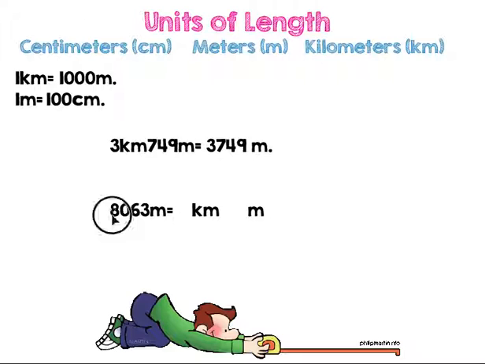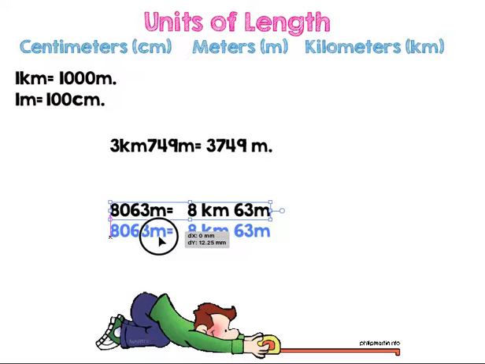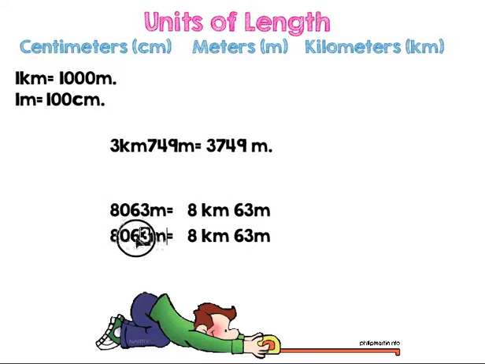If we say 8,000, now we don't say thousand and we go back to kilometers. So that's 8 kilometers. And the rest of the number are your meters. So it's 63 meters. 8 kilometers, 63 meters.